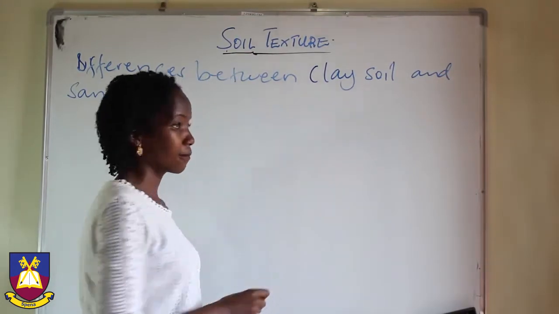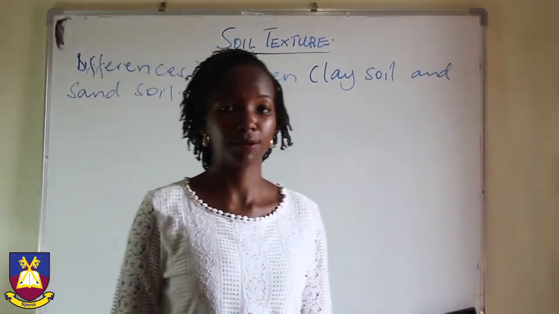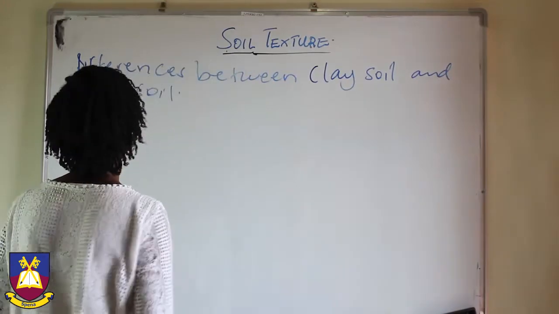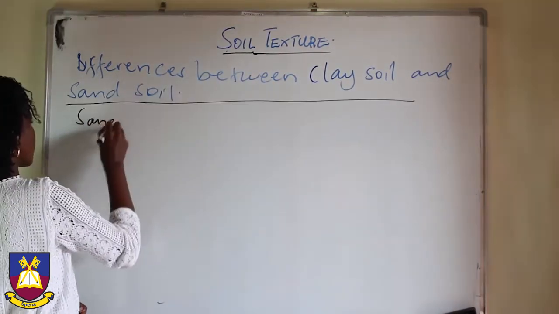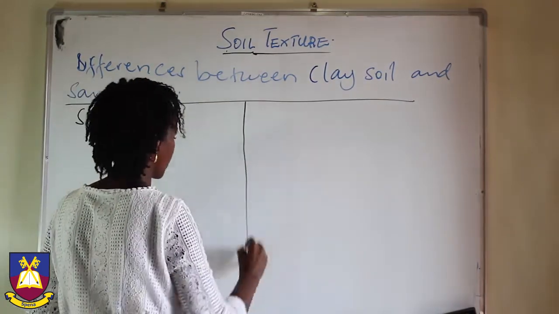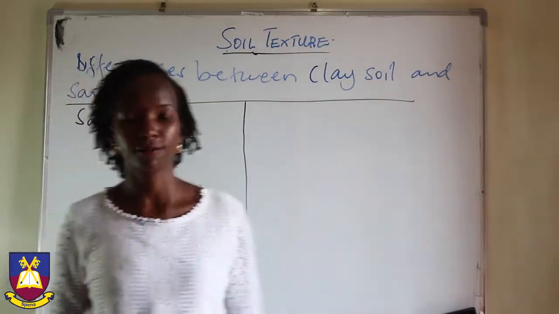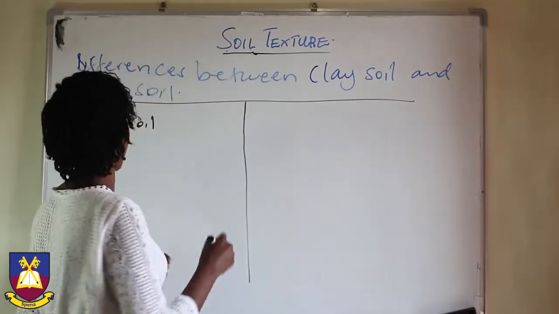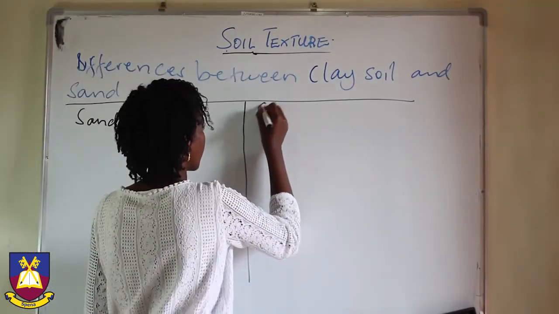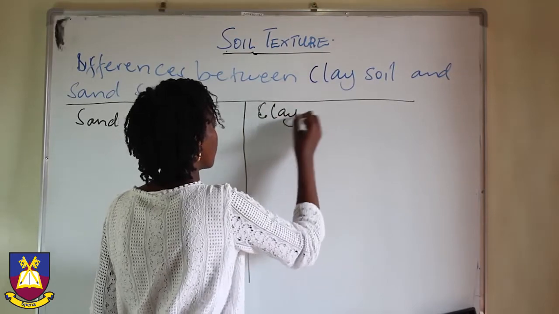On one side we shall put sand soil, on the other we shall put clay soil. You can remember some of the properties. Those are the ones you're going to compare. So we have sand soil this end and clay soil this end.